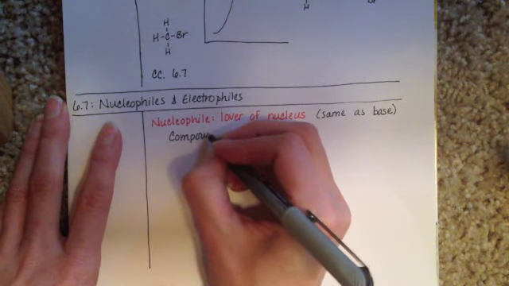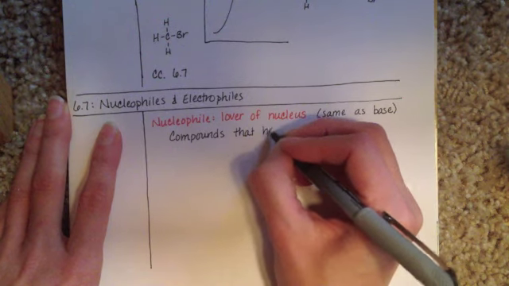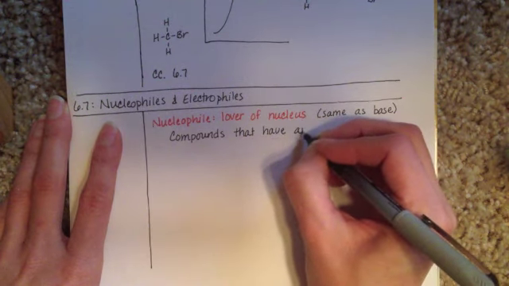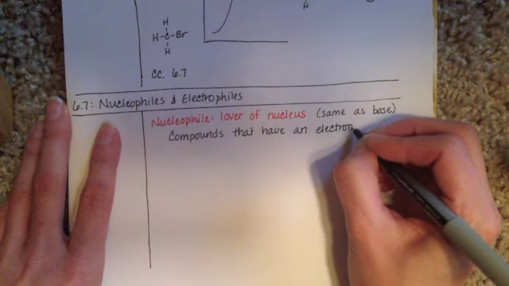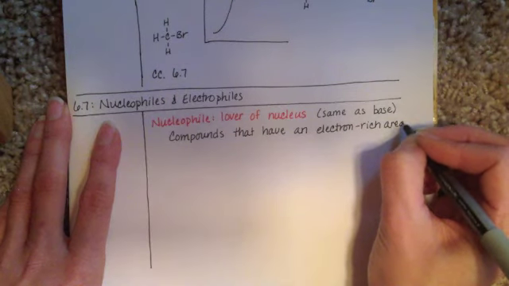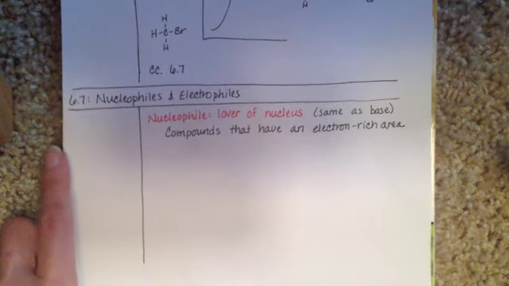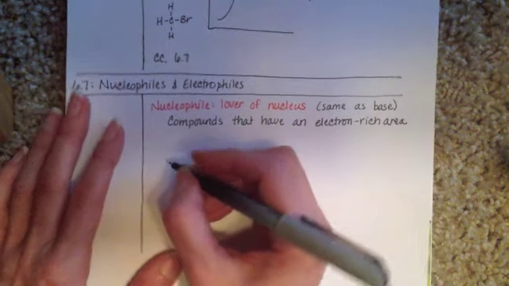They are compounds that have somewhere an electron-rich area, and it's this electron-rich area that causes the compound to be attracted to a positively charged nucleus.